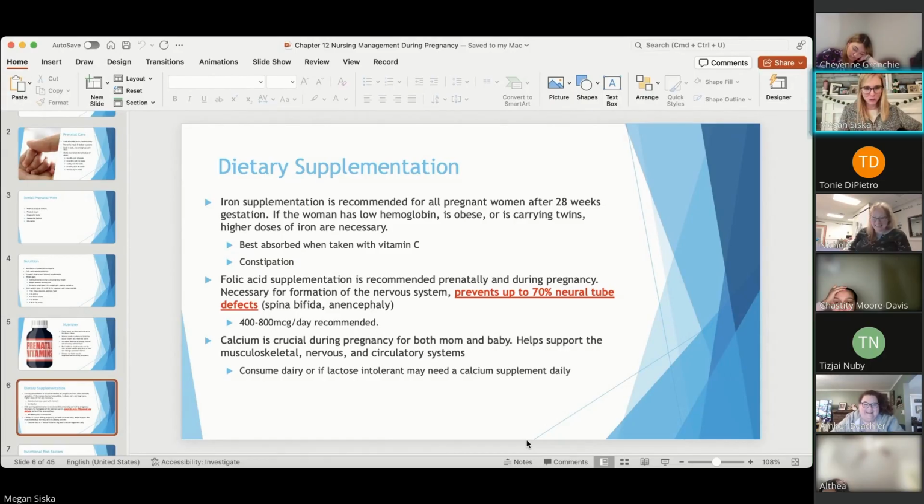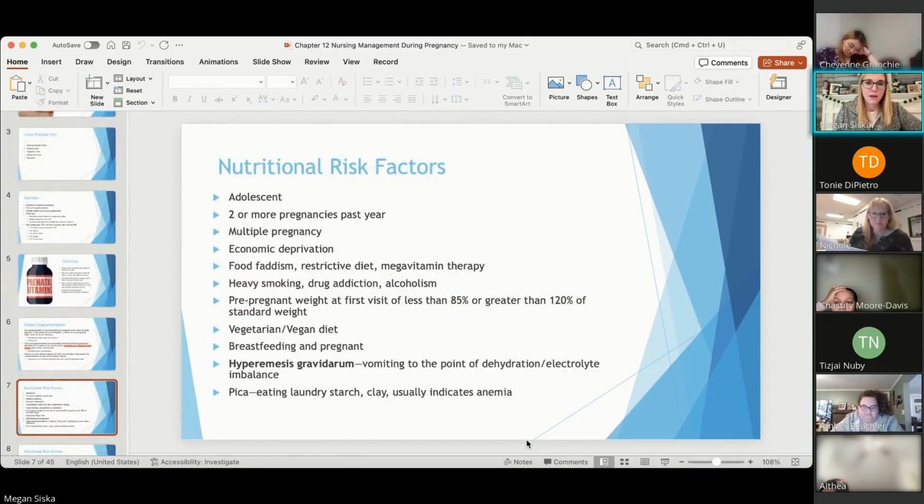We talk about folic acid. Remember, you need about 400 to 800 micrograms per day. And then we talk about calcium, either through diet or calcium supplementation. Just some nutritional risk factors to keep in the back of your mind.